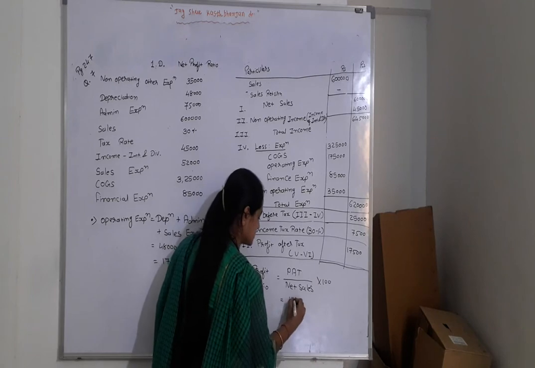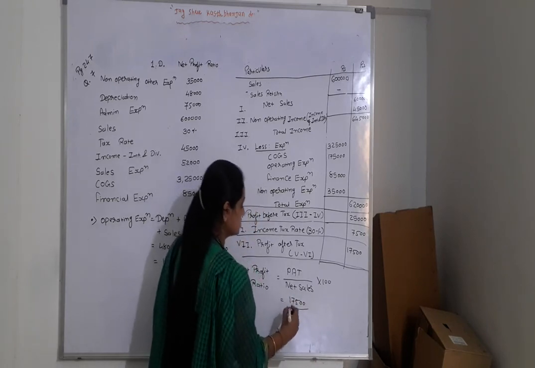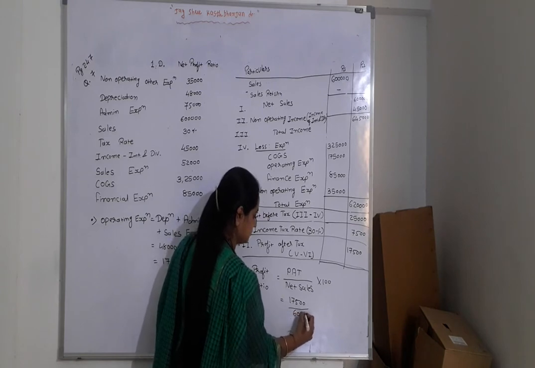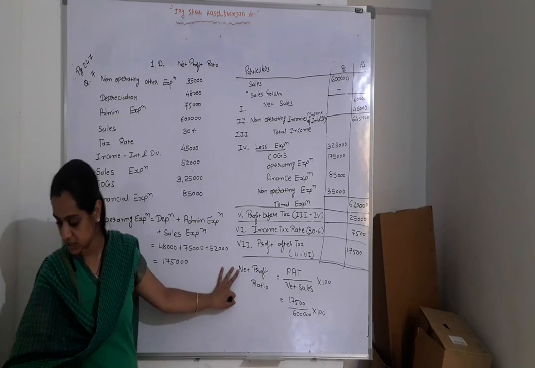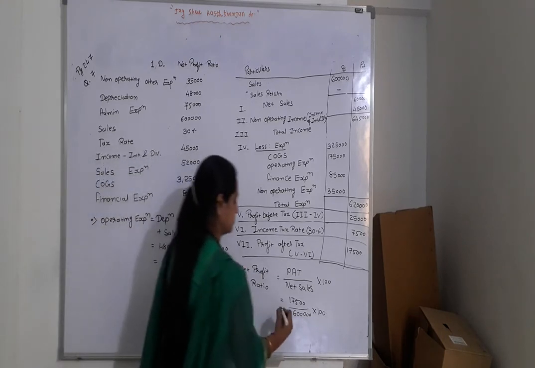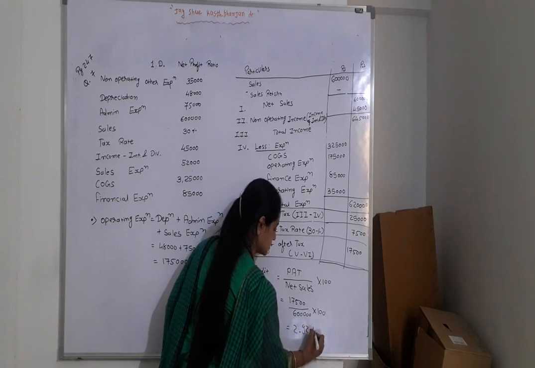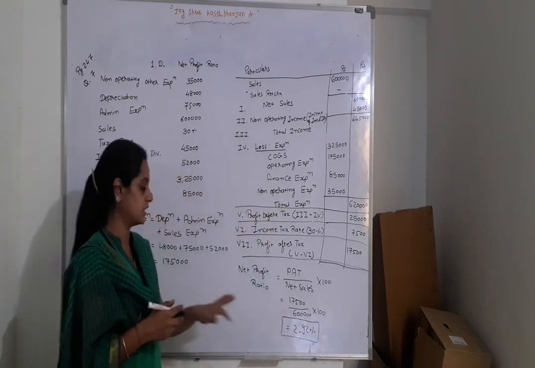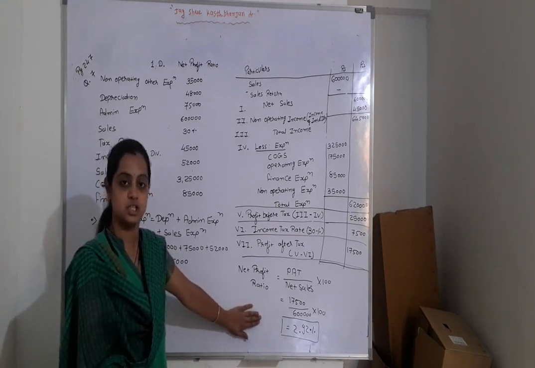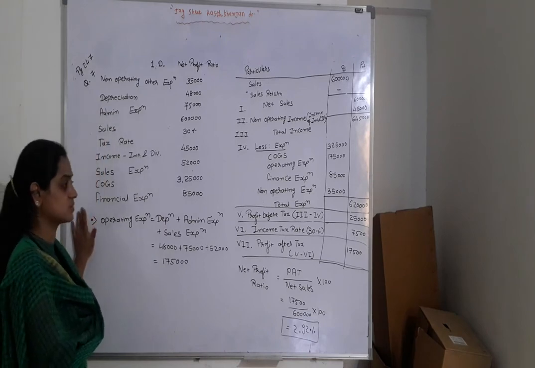Profit after tax is 17,500 upon net sales is 6 lakh into 100. Then we'll get the answer, that is 2.92%. That means our final profit is 2.92%. Okay, explaining again, they have given all these expenses.